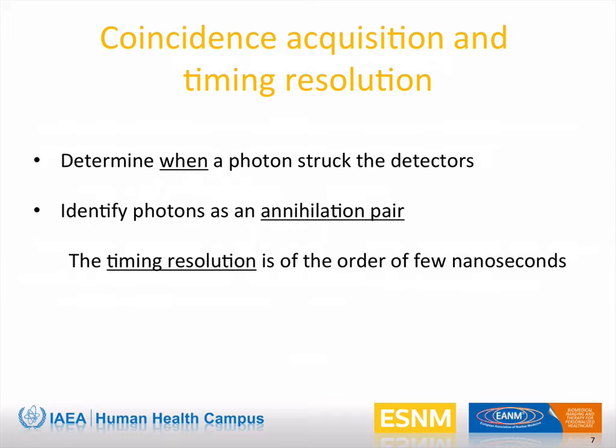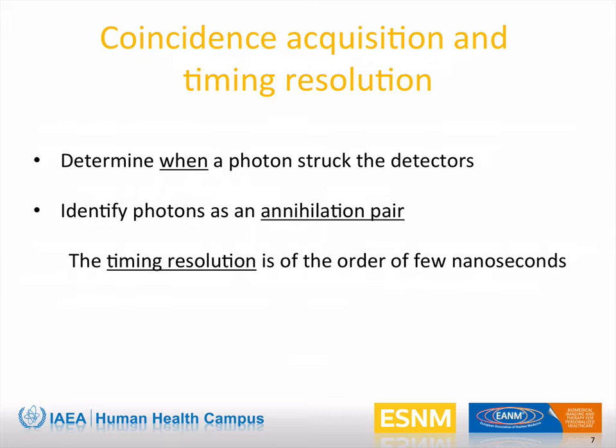The two gamma rays are simultaneously generated, and then, apart from some delay that may occur due to a difference in distance from the annihilation point to the two detectors, they are simultaneously detected.